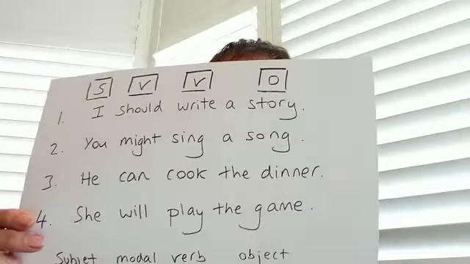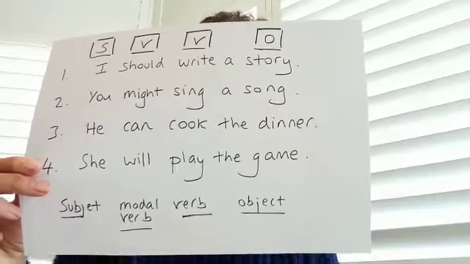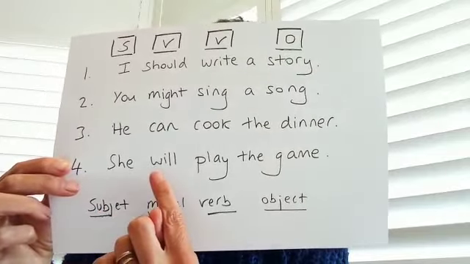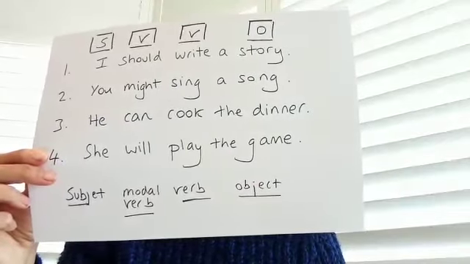Above your sentences, can you mark S for subject, V for verb, O for object, just like we do in school? Okay, you might notice that you've marked S, V, V, O. Subject, verb, verb, object.